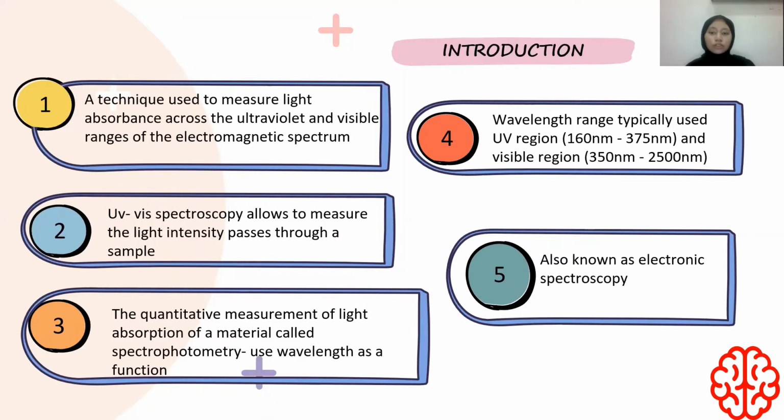Ultraviolet visible spectroscopy is also known as electronic spectroscopy. This is because the principle involves the transition of electrons, where the excitation of electrons occurs from lower energy levels to higher energy levels.